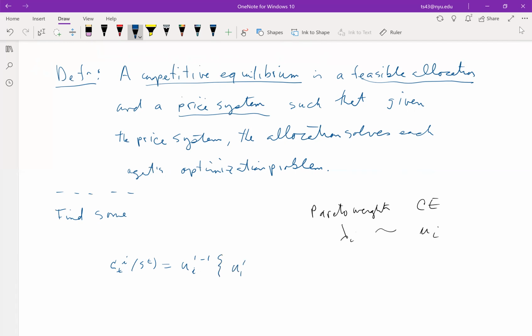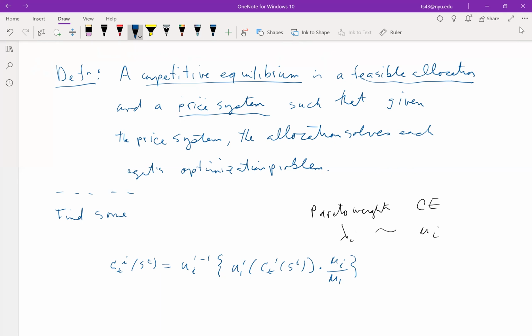U1 prime CT1 of ST. And then, before we had a ratio of lambdas, here we have a ratio of mu's, Lagrange multipliers.